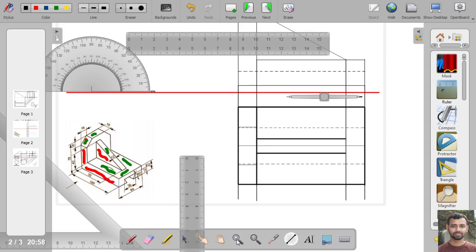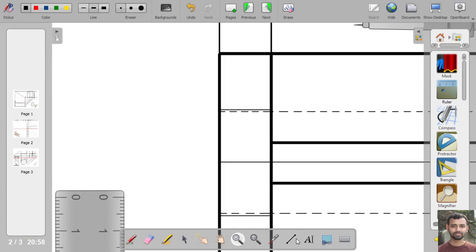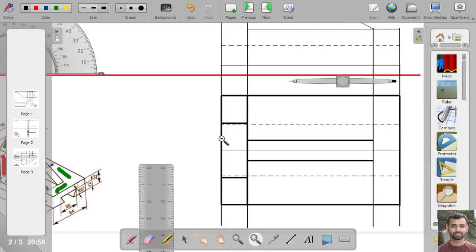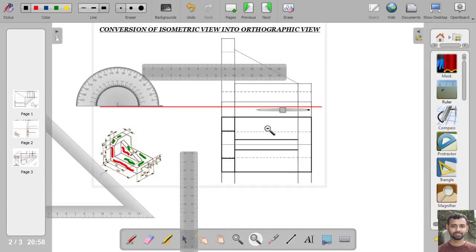There is another portion over here that will be thickened. Okay, now it is completed. Another part is this part. Okay, now it is completed.